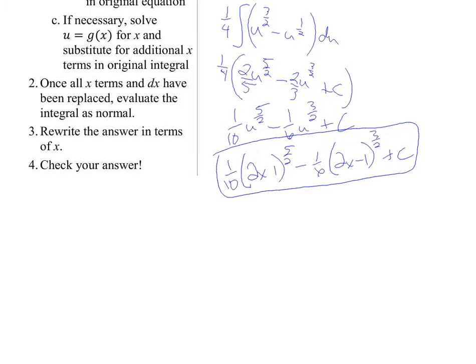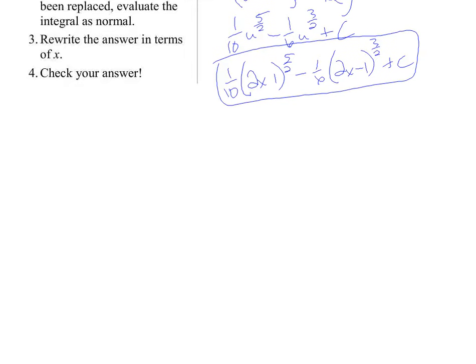What should we do now? Check our answer. After we're done crying, check our answer. Actually, you should be done crying at this point. Your eyes should start to feel like they're drying up a little bit. So how do I take this derivative? General power rule.